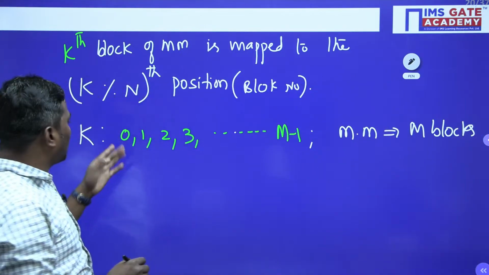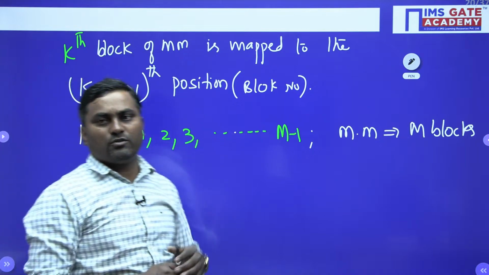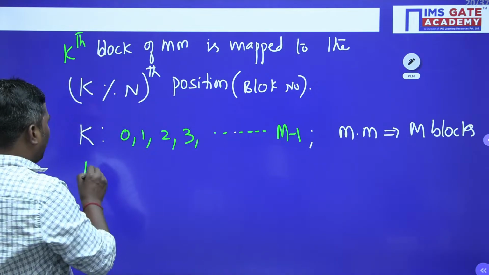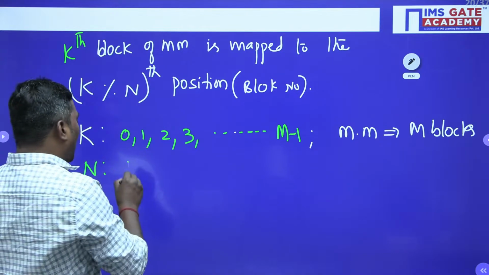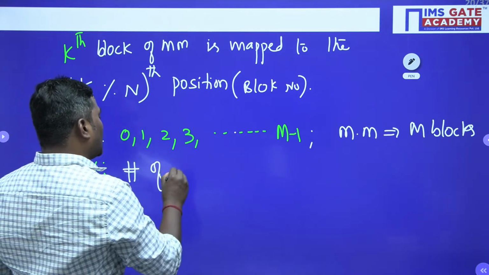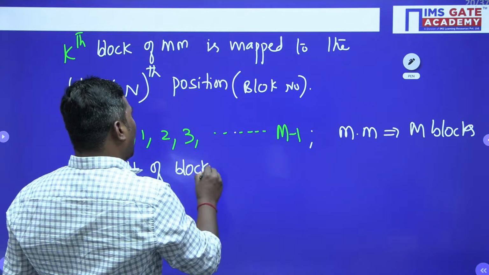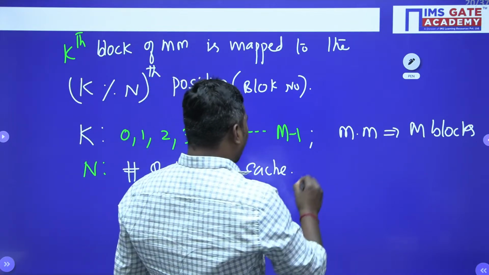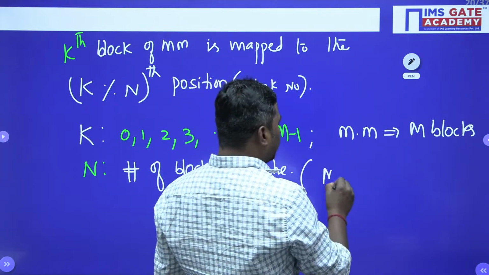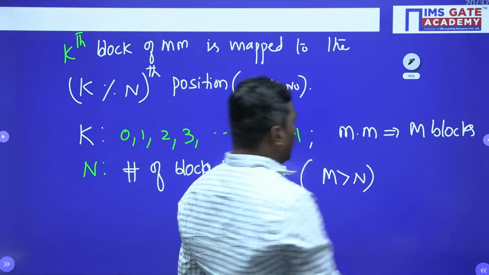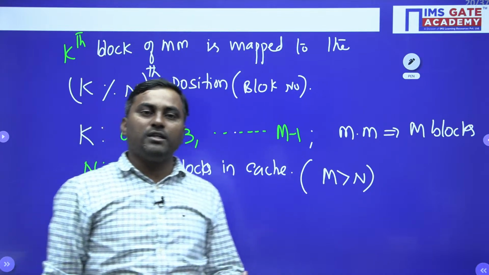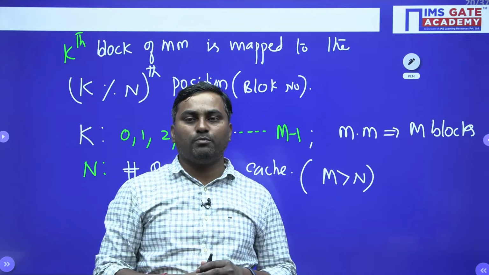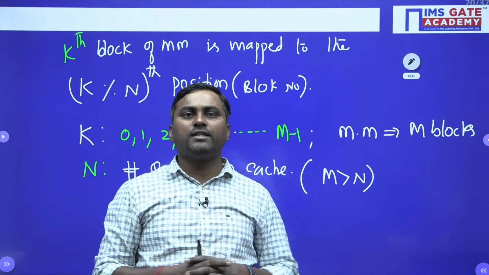Now k could be 0, 1, 2, up to m minus 1. What is n? n is the number of blocks in cache memory. One thing to understand: m is greater than n, because main memory is larger than cache memory.